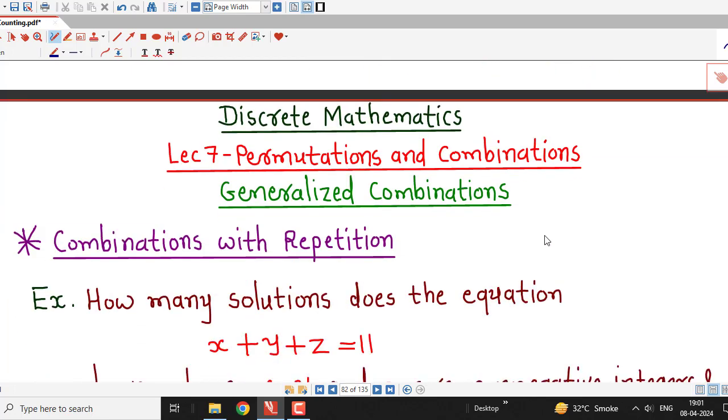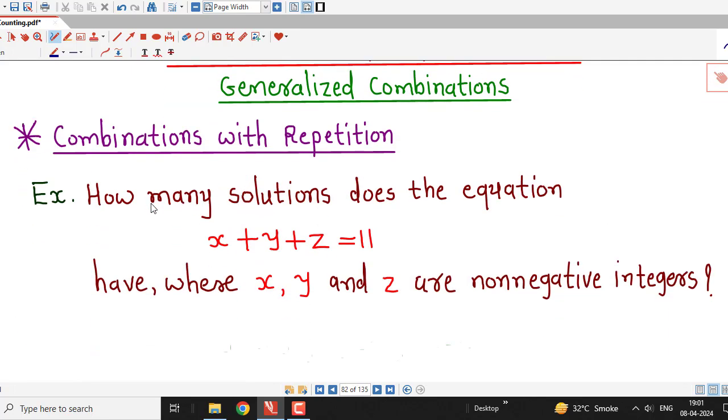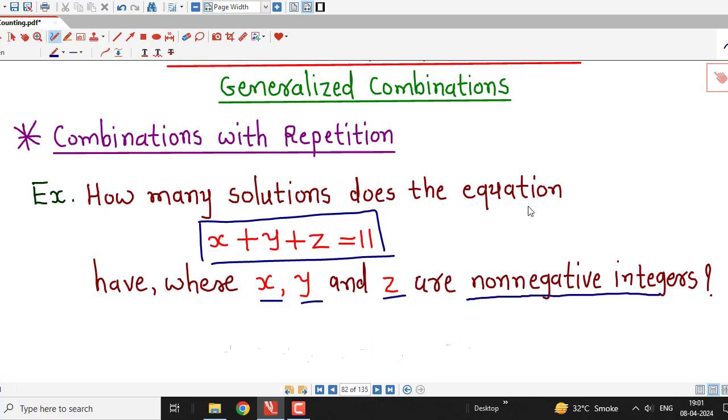Here the question is, how many solutions does the equation x plus y plus z equal to 11 have, where x, y and z are non-negative integers? We have to find non-negative values of x, y, z which satisfy this equation. In other words, we have to decide the total number of non-negative integer solutions.